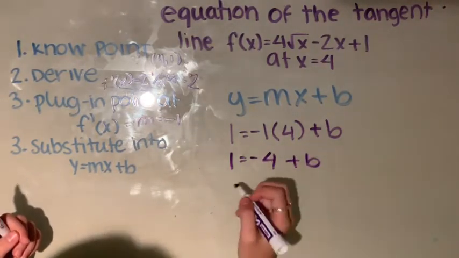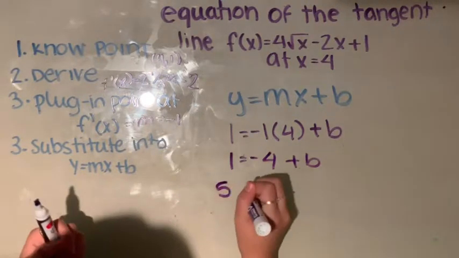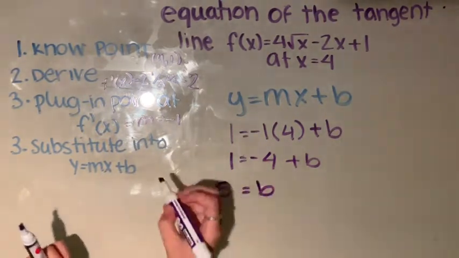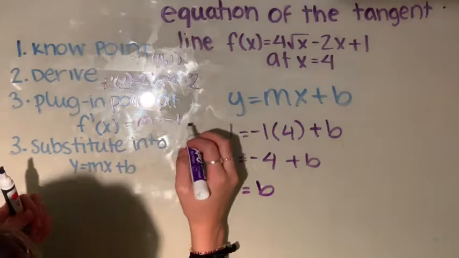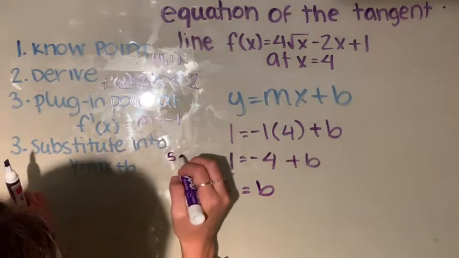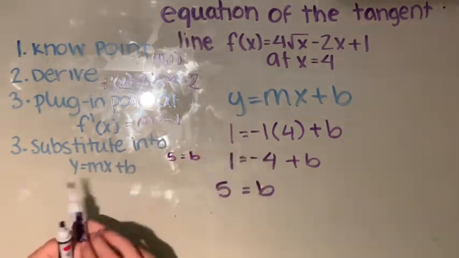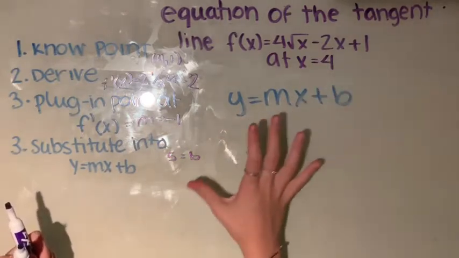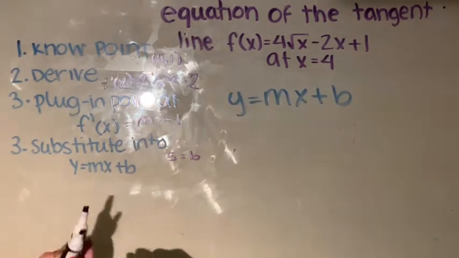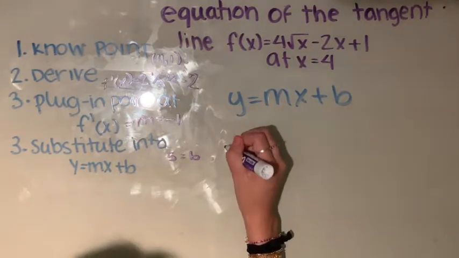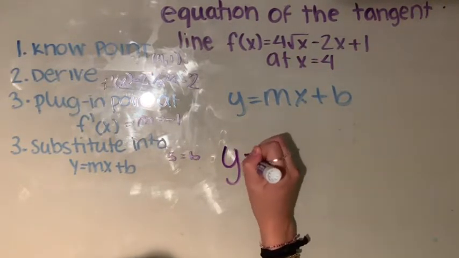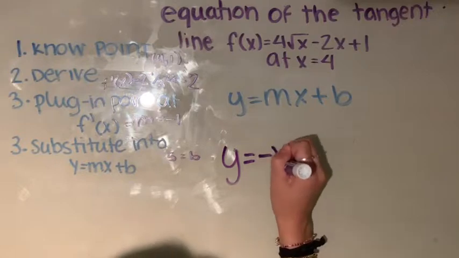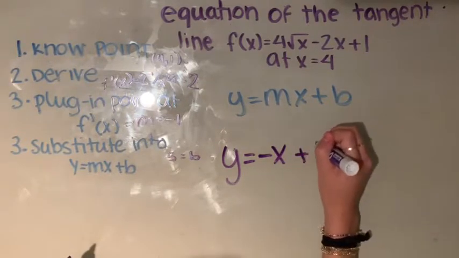We will add this to get 5 equals b. So 5 equals b. So now all we need to do is substitute these two into our equation, which will end up being y equals negative x plus 5.